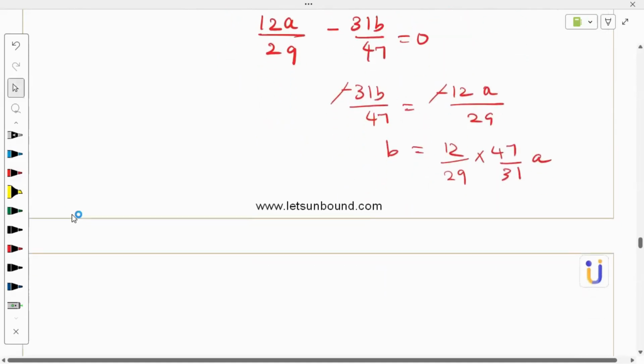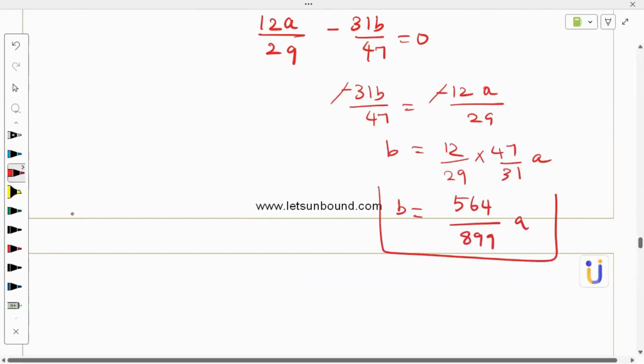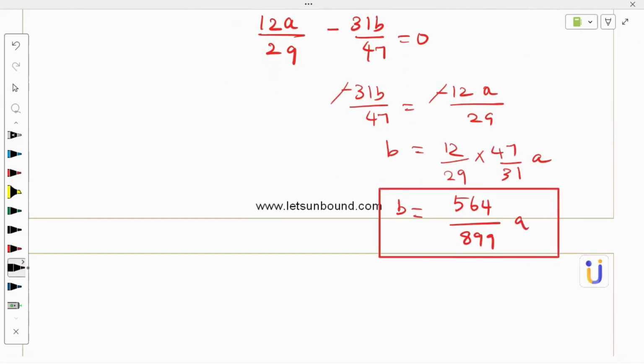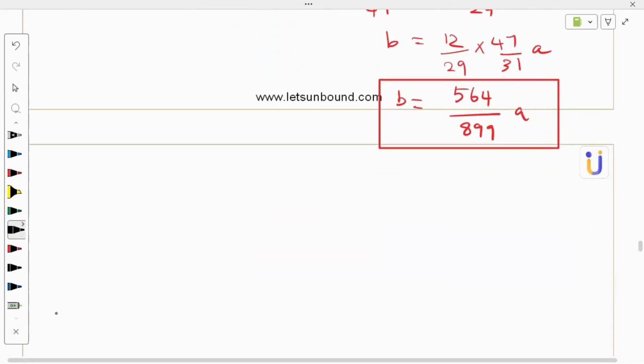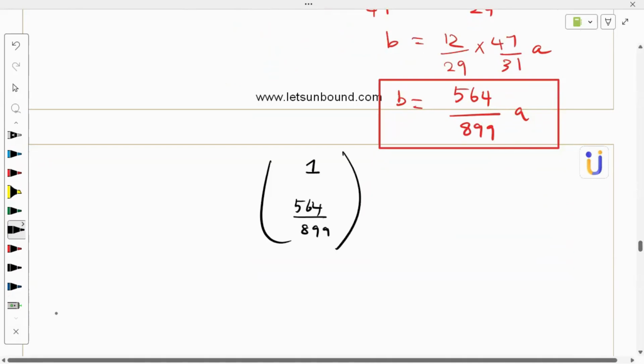And when you simplify it further, B is 12 times 47 which is 564, over 899, A. Okay. After expressing in this way, the eigenvector: you treat A as 1, then B will become 564 by 899. So this is enough. But we know infinitely many vectors are there. We can give a t, and t not equal 0, you can put.